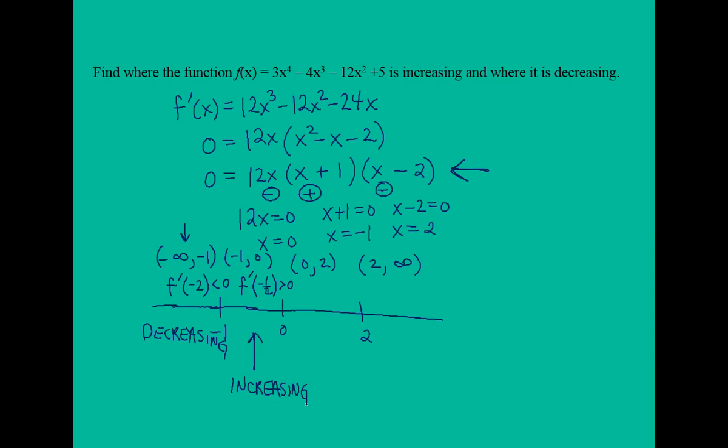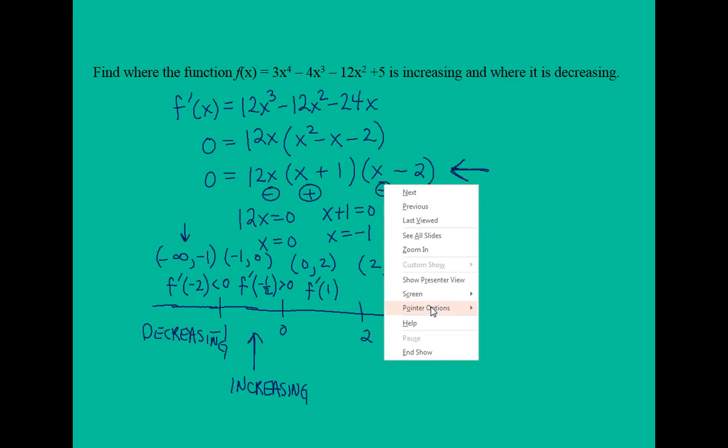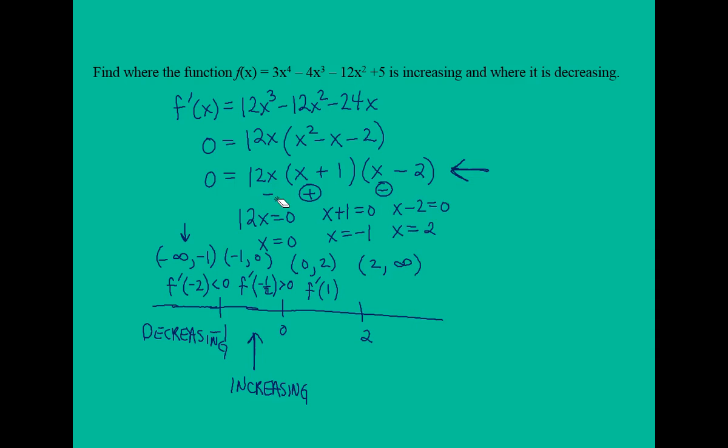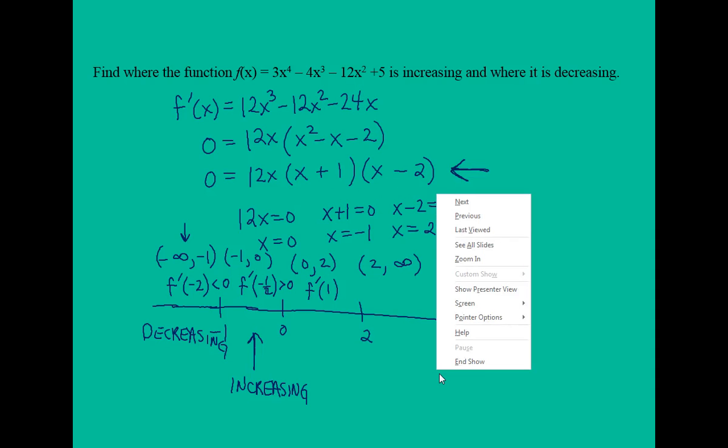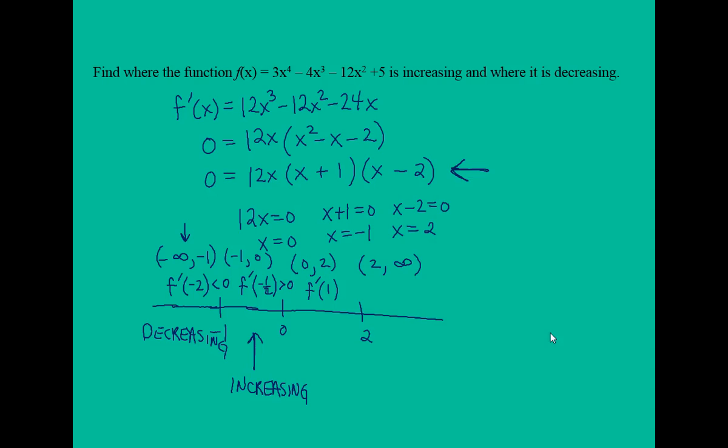Next interval, we're going to choose a value to plug into the derivative. Let's just choose 1. And again, we're going to analyze the derivative at that value. So if we plugged 1 in, 12 times 1 would give us a positive value. 1 plus 1 would give us 2, so we'd have a positive value.